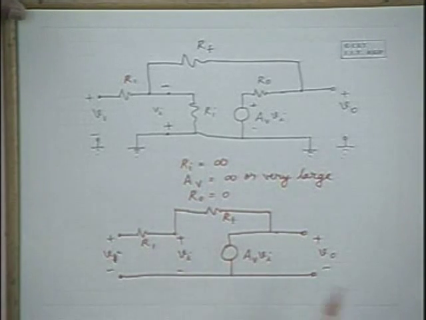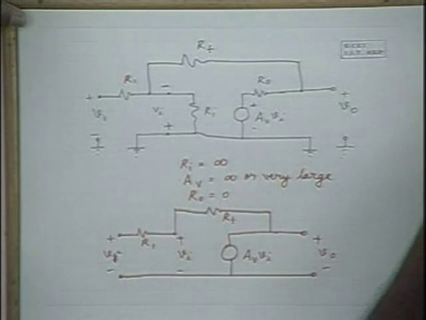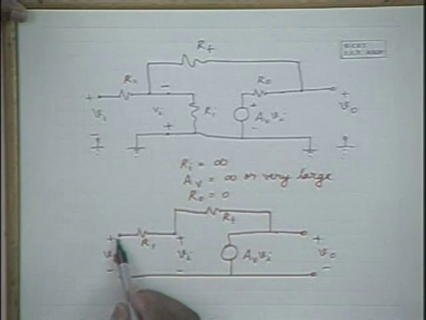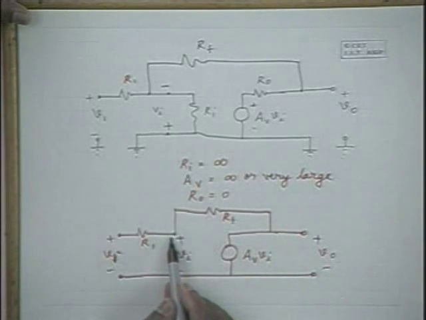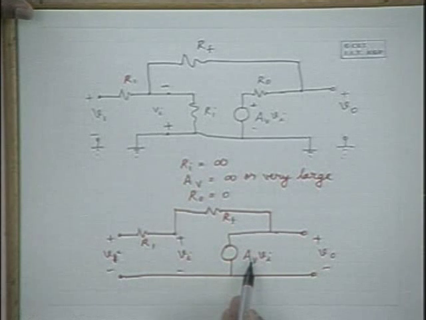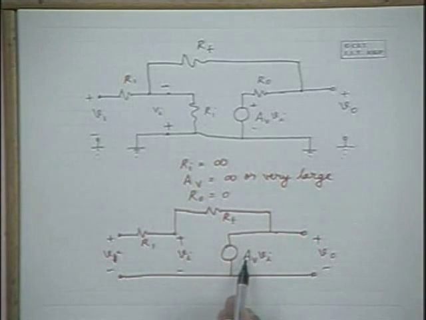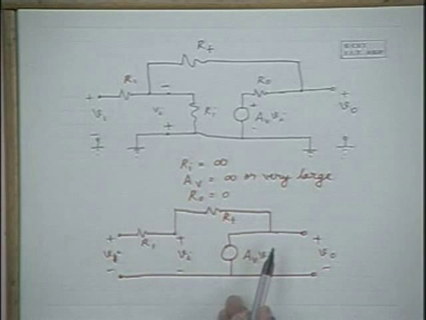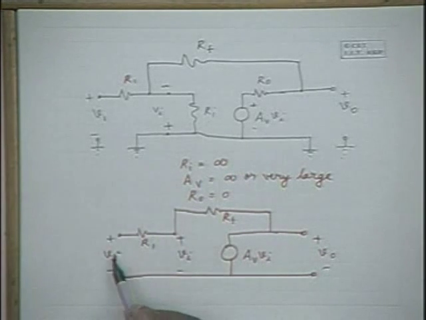By applying the superposition principle here, the voltage that appears here is equal to R1 by R1 plus RF into AV Vi. That is the voltage that appears here, and due to this voltage alone, the output voltage is equal to V1 into RF by R1 plus RF.